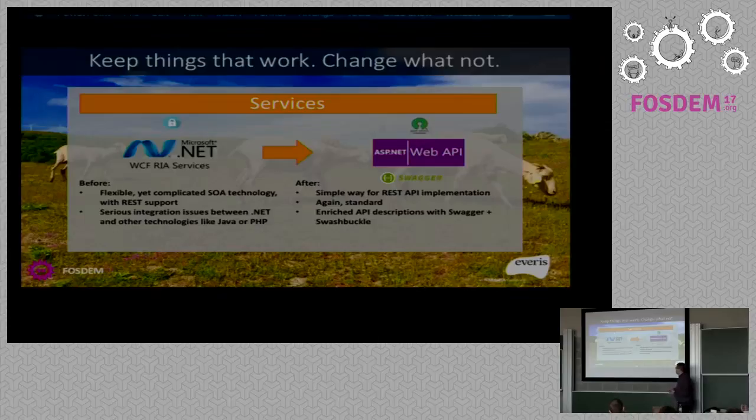We tried to make a simplified version of this using ASP.NET Web API and Swagger to offer the front end all the information that it needs. So at the end, you have a front end with a lot of HTML applications consuming all this information from REST APIs, which at the end is much simpler.